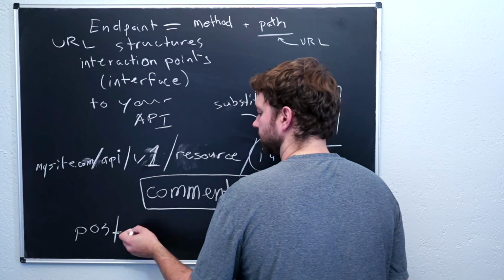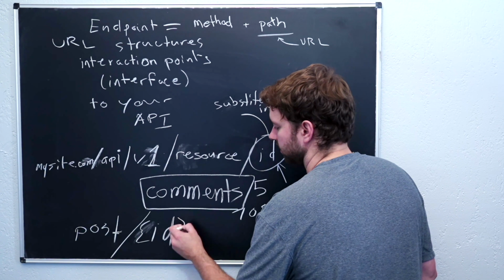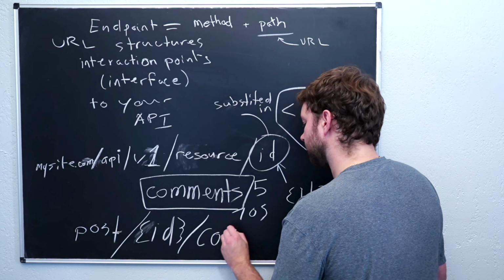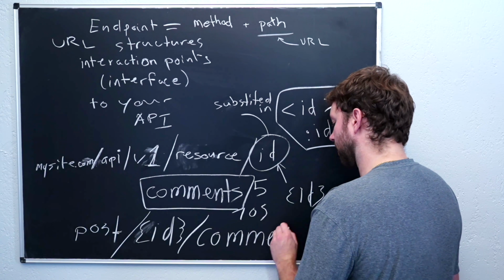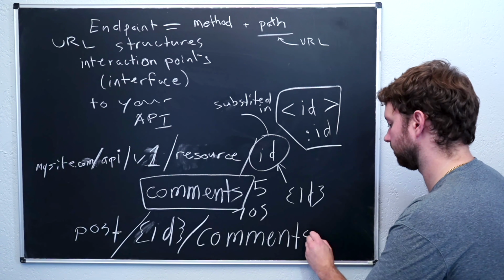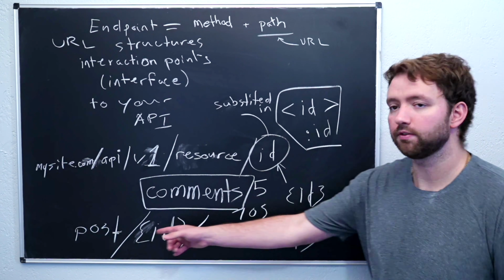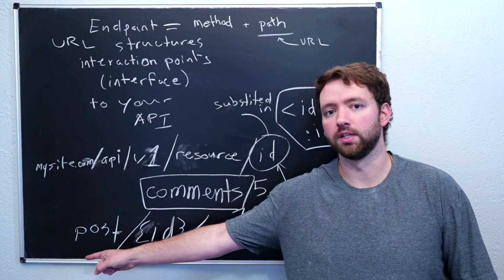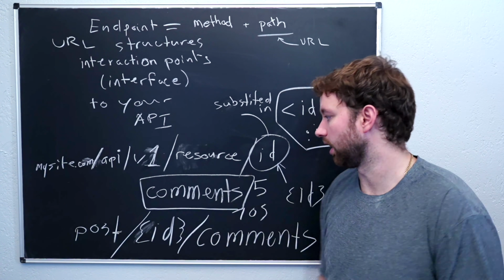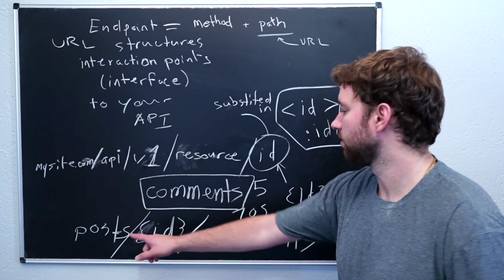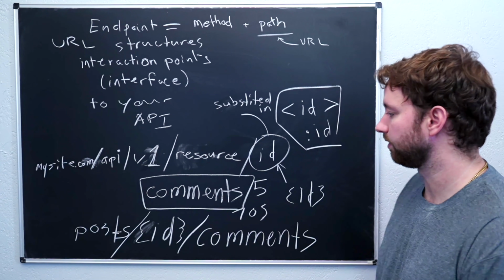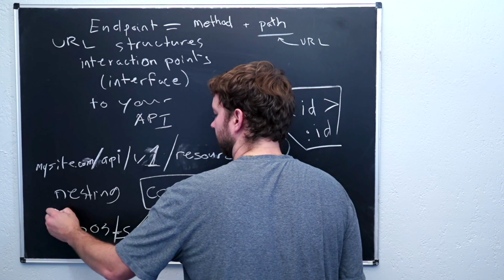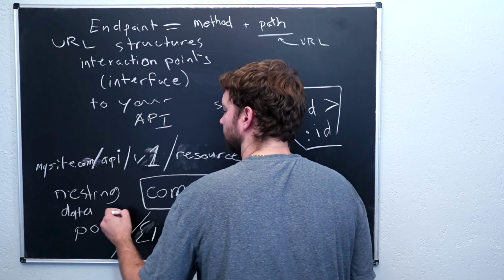So you might have post, the ID of that post, and then get the comments for that post. This is a different structure where you now think of comments as bucketed underneath a different resource, in this case, posts. And usually this is going to be plural. So posts, ID, comments.